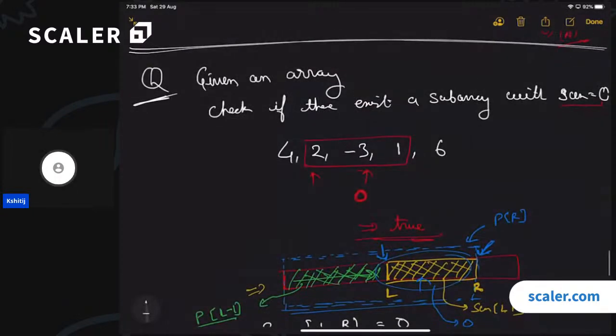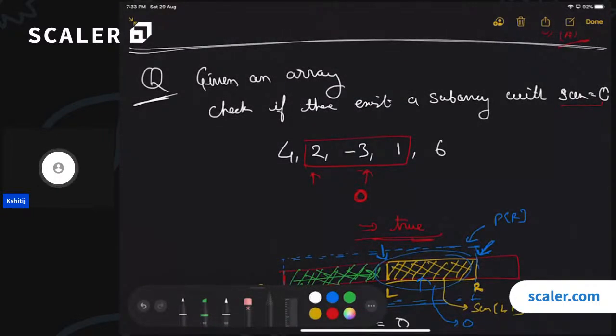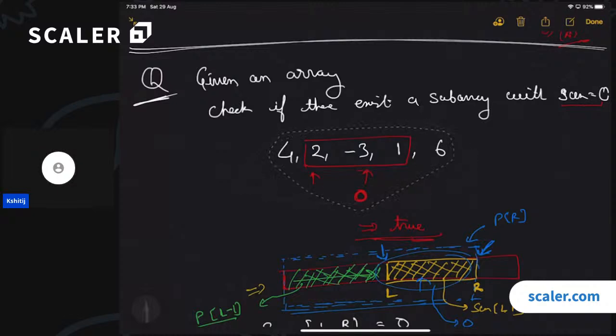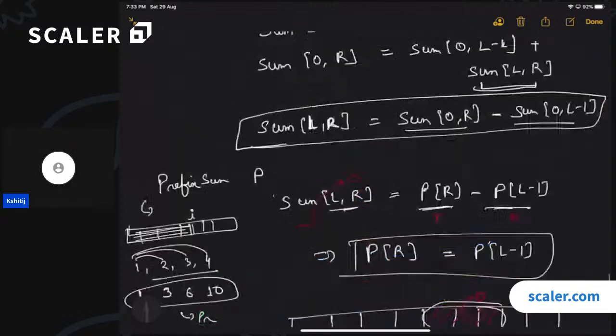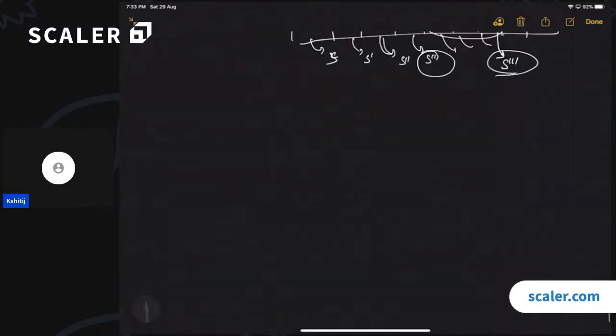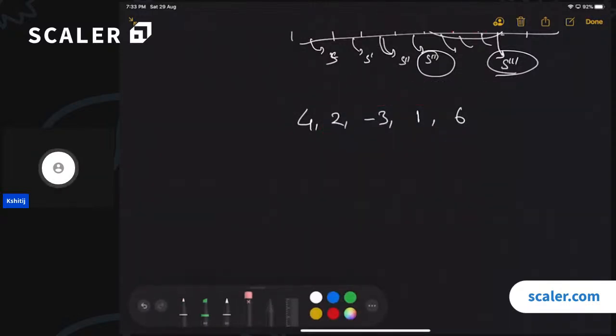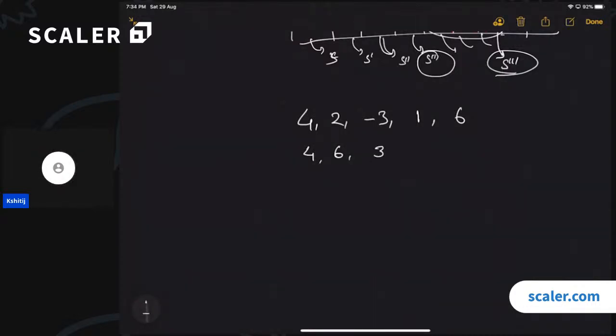Let us take the example as well, and then this will be crystal clear. So I will just copy this thing. So if I just calculate the prefix sum of this array, I will be getting 4, right? 6. 6 minus 3 again is 3, then 4, and then 10.